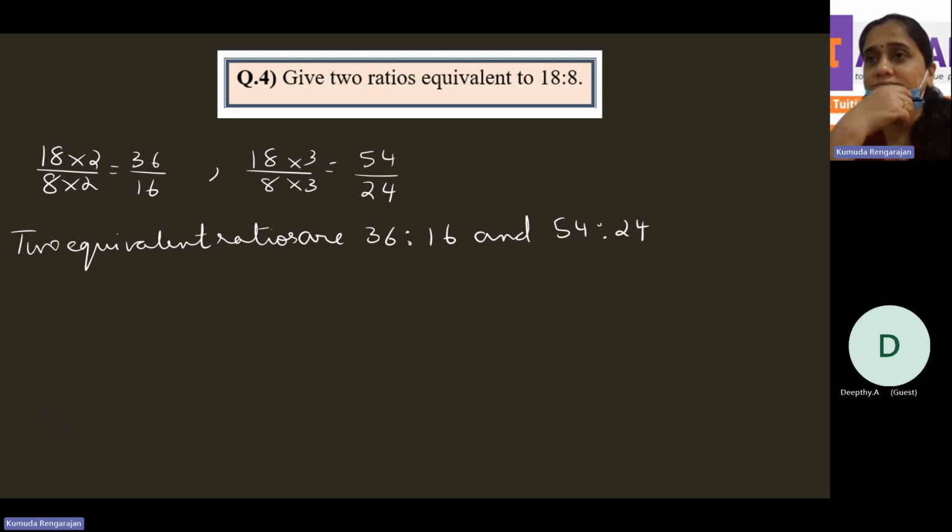It's the same. 2:3 is nothing but 2/3. 2 is division.